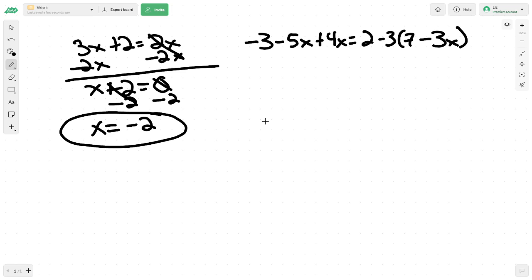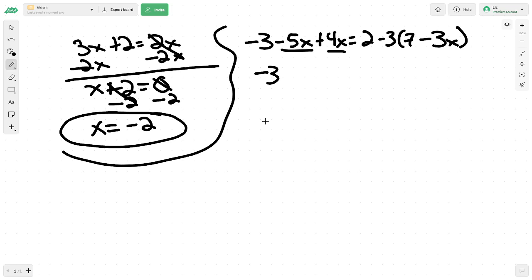So I want to simplify each side of the equation. For this side, I have this x and this x that I need to combine because I'm combining like terms. So I will have negative 3, and then negative 5 plus 4 is just negative 1. So negative 3 minus x. Then I'm just going to rewrite this side here.